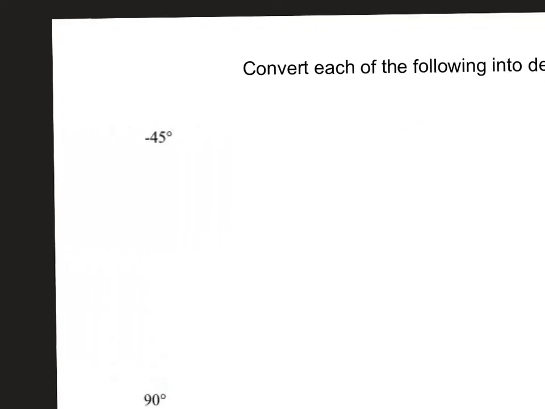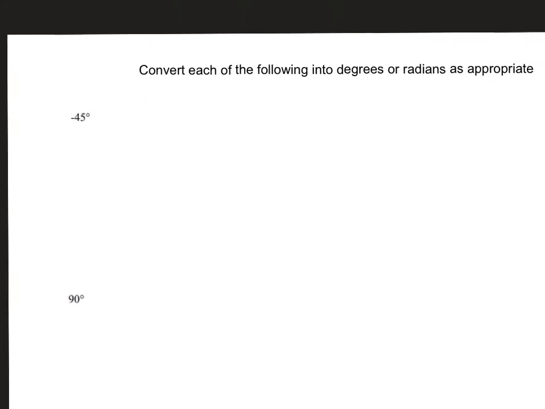And now for some practice problems. Ideally, you should be doing these before you check this video to get the answers, but let's go through them step by step. For each of these, we want to convert into degrees or radians as appropriate. So if I'm starting with negative 45 degrees, I want to turn that into radians. I'm going to take my degree measurement, negative 45 degrees, and multiply that by pi over 180, which will give me my new answer.